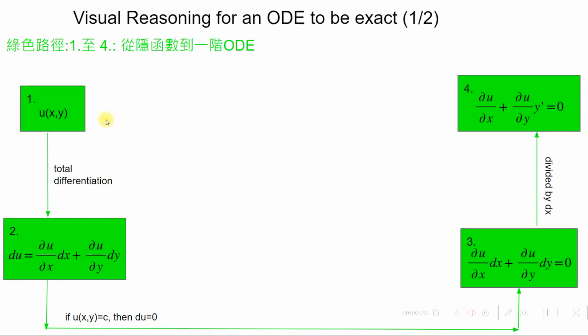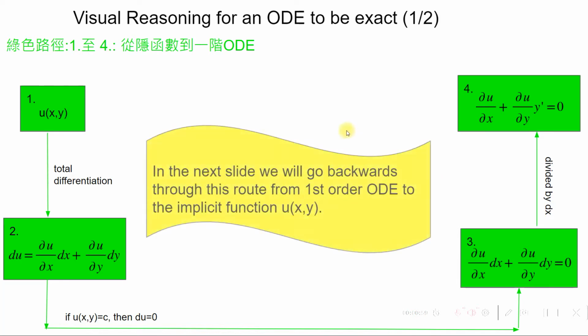The green route starts from a total differentiation of an implicit function u of x and y to an ODE as the endpoint. The green route goes through total differentiation, a condition where u of x and y equals constant, and an operation of being divided by dx.